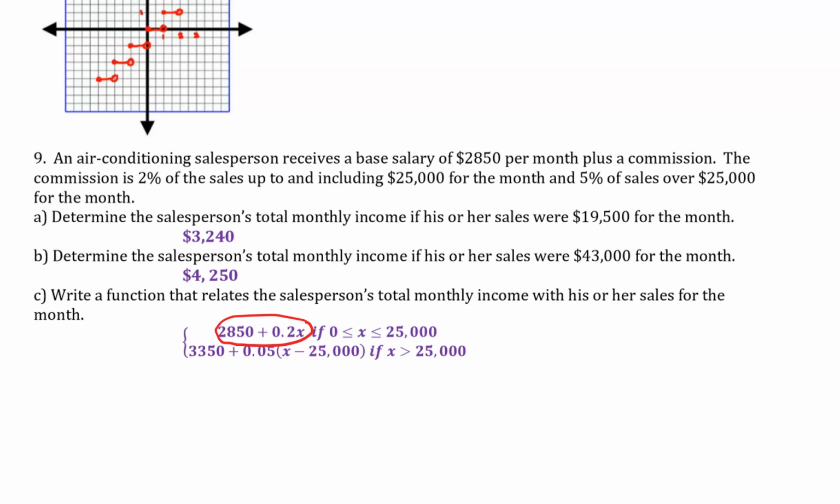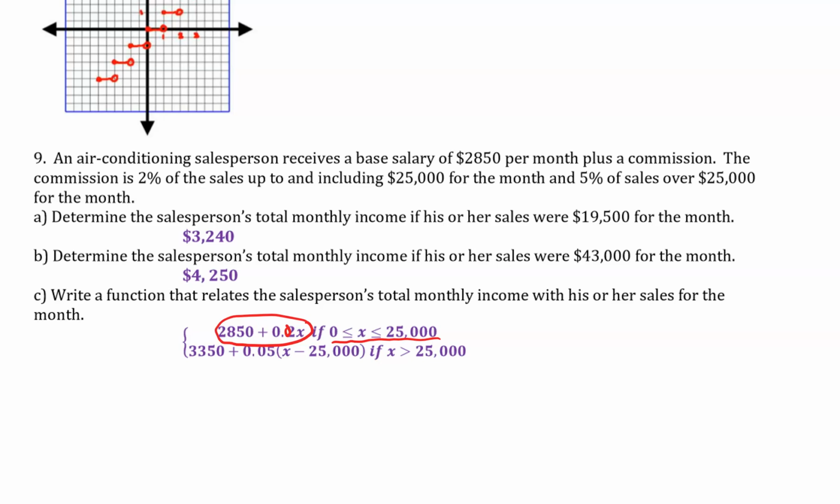That's a typo there. This should say 0.02, because 0.02 would be 2%. 0.2 would be 20%. But 2% of the sales if the salesperson makes between 0 and 25,000 in sales.